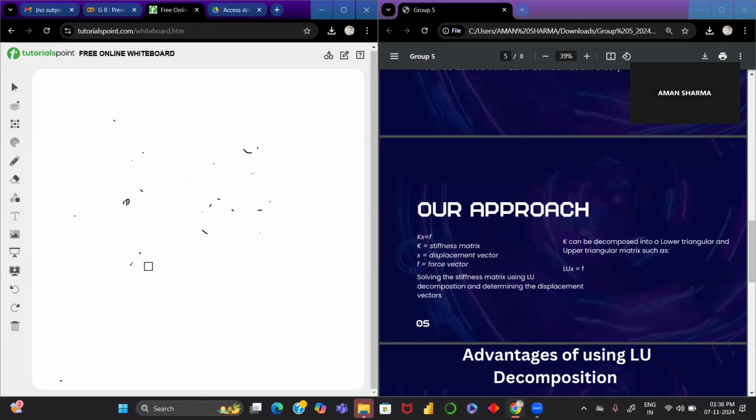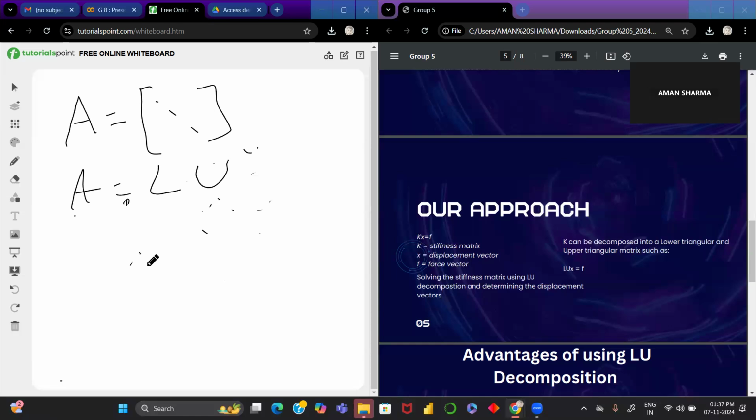Suppose there is a matrix A. We can decompose this matrix as A equals LU, that means a product of a lower triangular matrix and an upper triangular matrix.